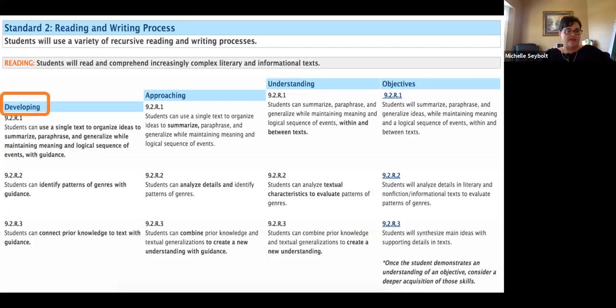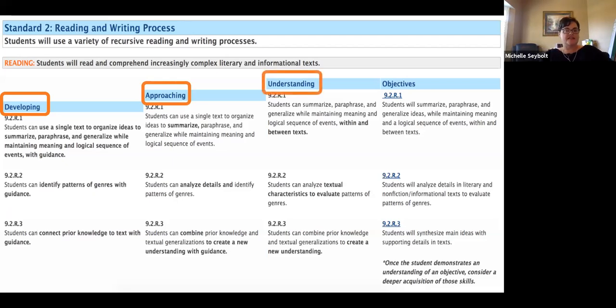For developing, the students can use a single text to organize ideas to summarize, paraphrase, and generalize while maintaining meaning and logical sequence of events with guidance. The key words there are with guidance. For approaching, students can use a single text to organize ideas to summarize, paraphrase, and generalize while maintaining meaning and logical sequence of events.